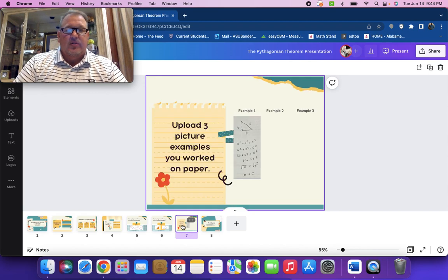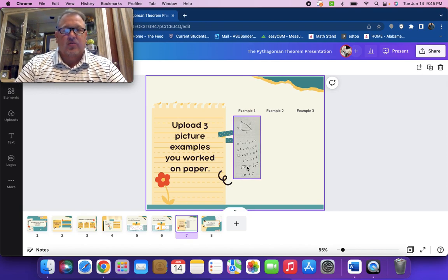And then on your 7th slide, I want you to work on a piece of paper 3 different examples of rational right triangles and prove it by working it out using the Pythagorean theorem, and then take a picture of it, upload it onto your presentation and show us that way.